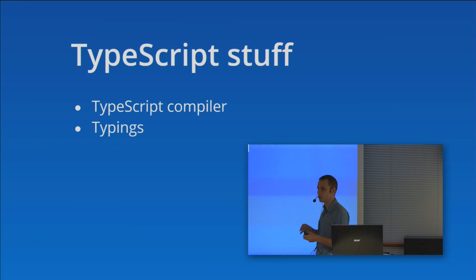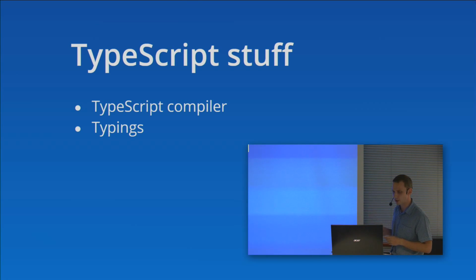So basically every time you add a new library to the project, you run something like npm install library name, then what you want to do is after that run typings install library name, and usually it solves all the problems. So this is why typings is there, in case someone wondered.